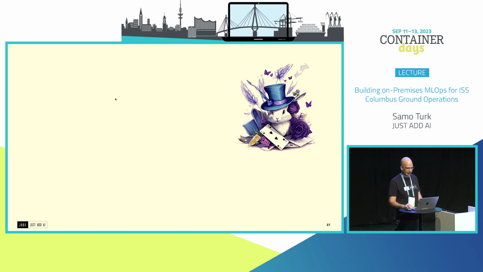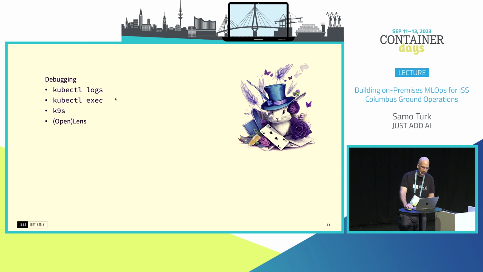Yeah. Finally, some random tips and tricks. Debugging, right? If you're used to programming, you obviously like to have a way to debug your code, and with Kubernetes, at least initially it was not obvious to us how to do that.